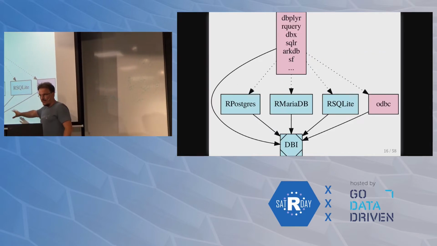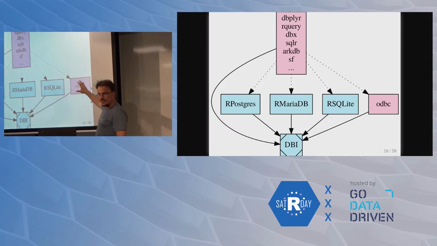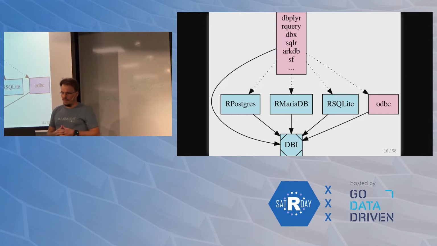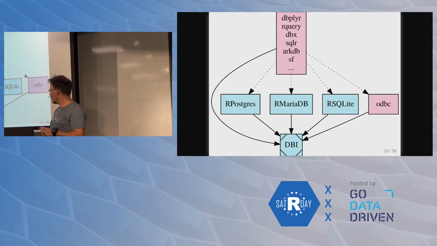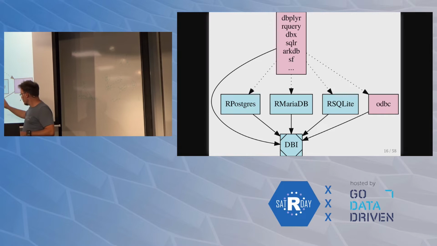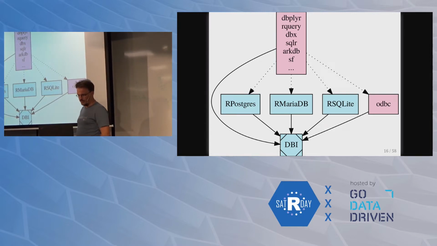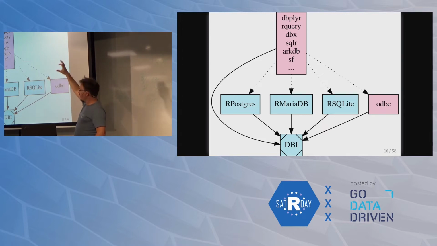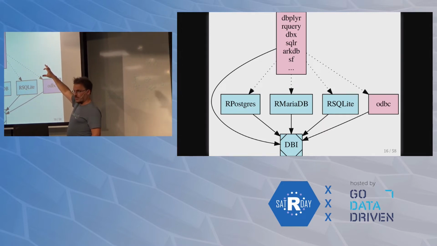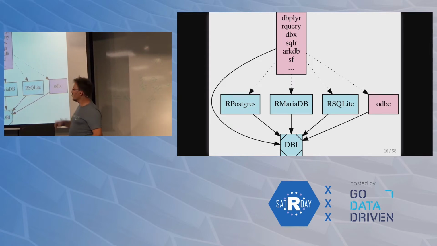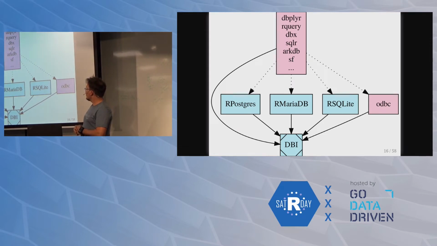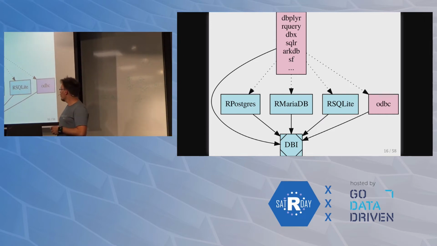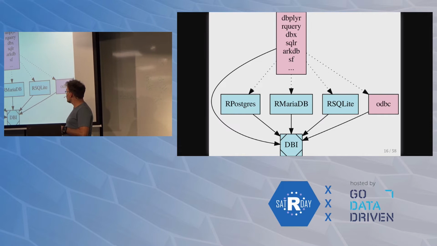We have DBI at the base. We have packages, these database backends, importing DBI, implementing functions or methods defined by DBI. And on top of it, we have many more useful packages, solving things like data querying, updating data, defining database schema, etc. I'm going to show them briefly closer to the end.